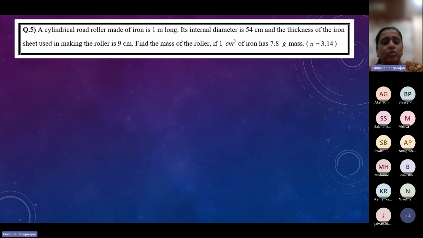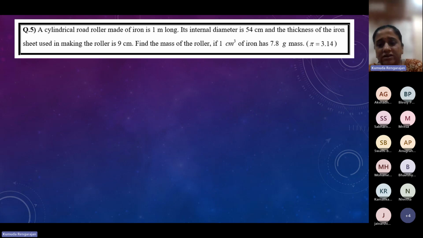So a cylindrical road roller made of iron is 1 meter long. 1 meter long meaning the height. The height of the road roller is 1 meter. Its internal diameter is 54 centimeters. And the thickness of the iron sheet used in making the roller is 9 centimeters. So this is a cylindrical shell or a hollow cylinder, because you can see the wall is thick.